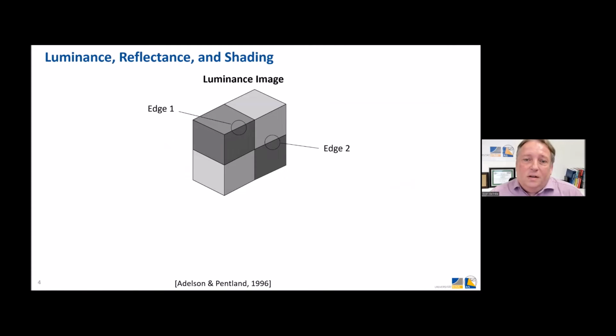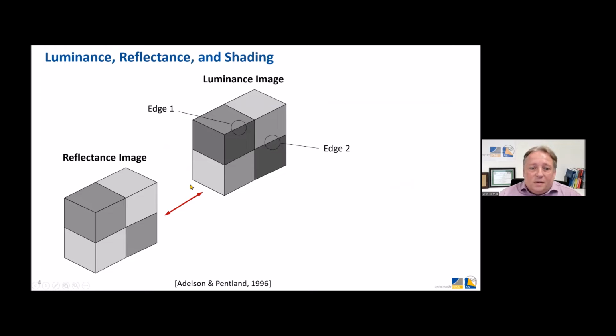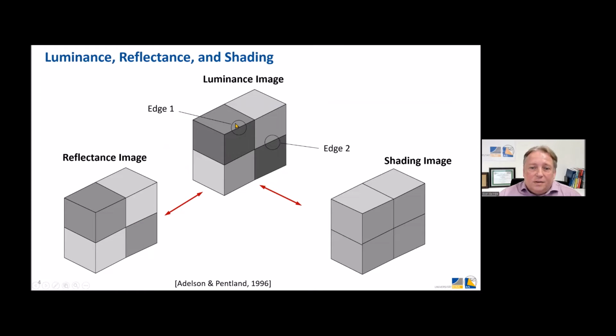Here is a simple example. If our camera measures this luminance image, then we may perceive edges here, and some edges might be explained by the difference in reflectance, and others might be explained by the difference in shading.